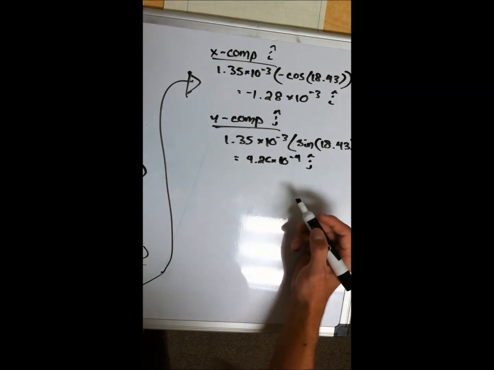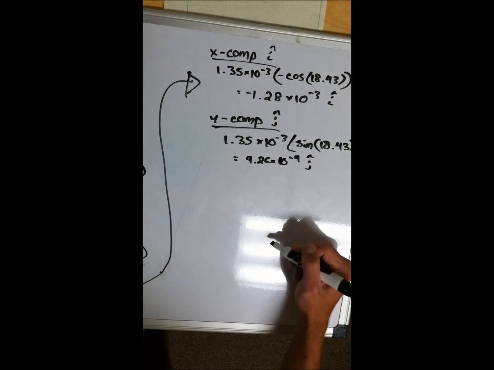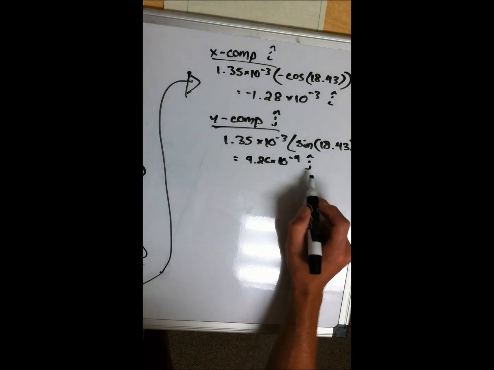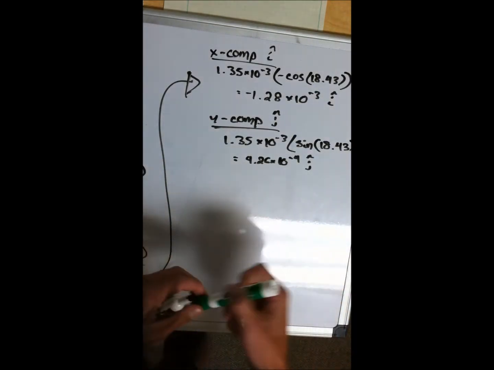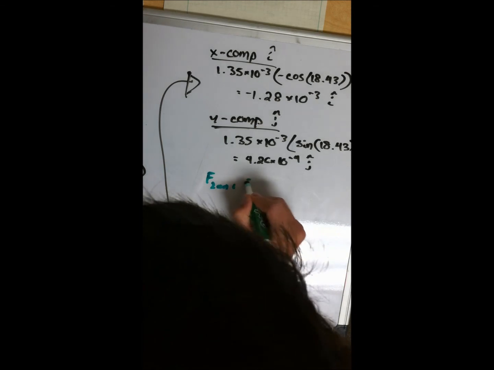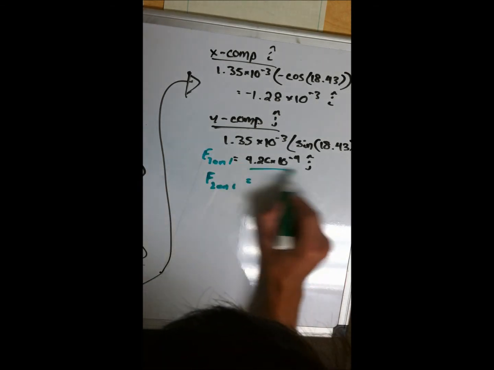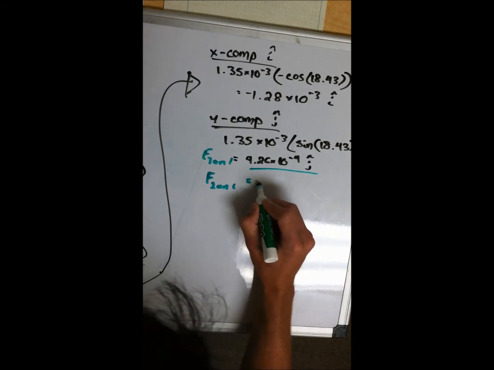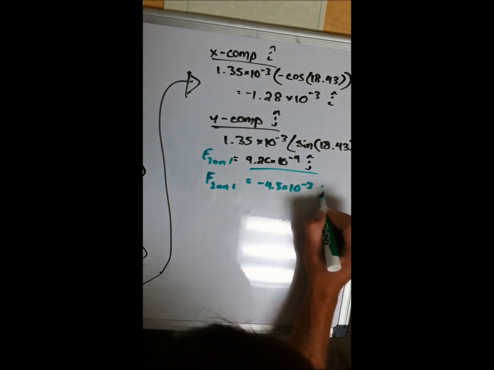So now F of 2 on 1, we saw earlier, had a downforce, a negative y direction. We have a positive y direction here. So I'll bring that back in right here, and this is F of 2 on 1, and for reference this was F of 3 on 1, this value. So F of 2 on 1 was negative 4.5 times 10 to the negative third j hat.